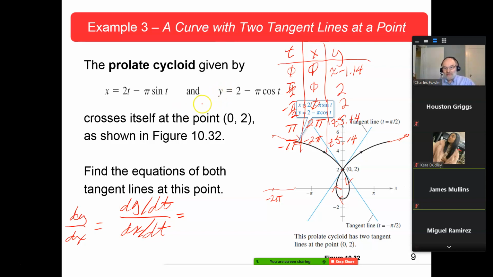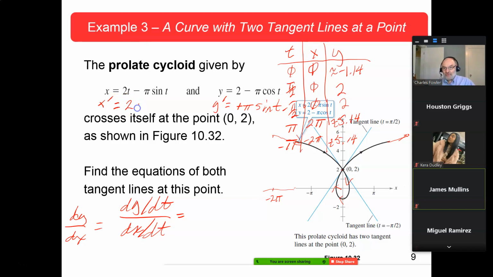So let's figure out what dy/dt is. Here I'm just going to call it y prime because I don't have room to write all that. The derivative of 2 is 0, and the derivative of cosine is minus sine, so that's going to make it plus pi times the sine of t. Okay, let's do the same thing here and do x prime, with respect to t.